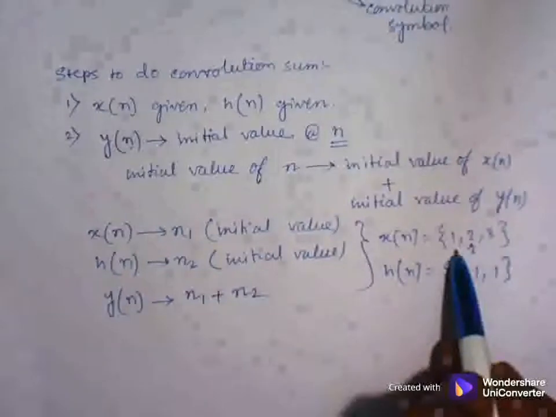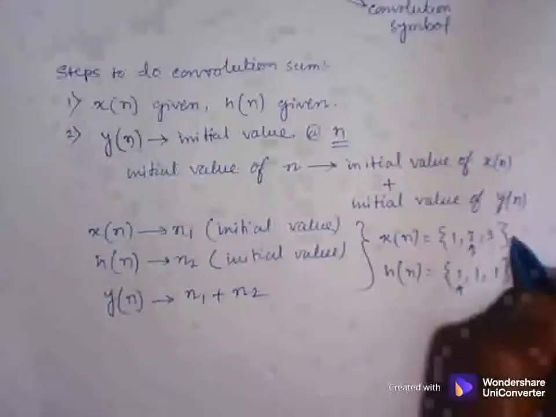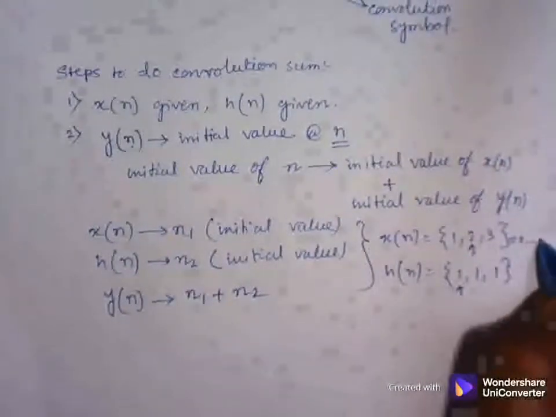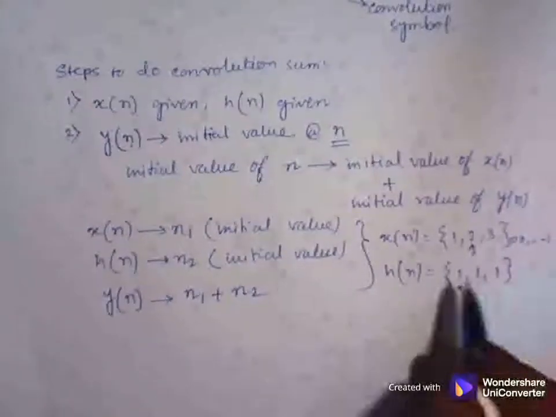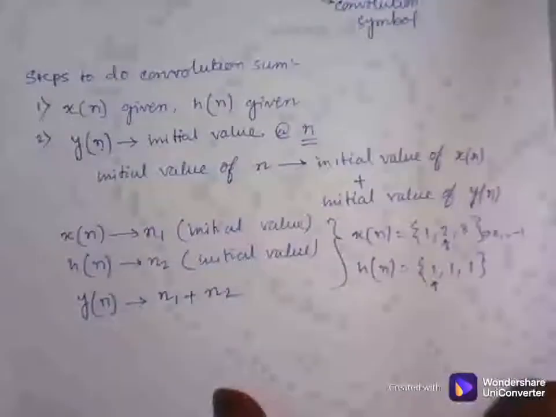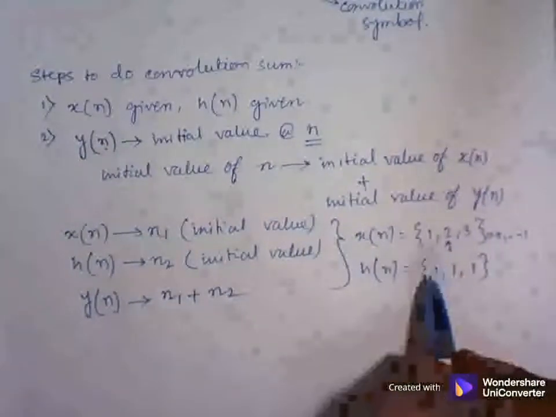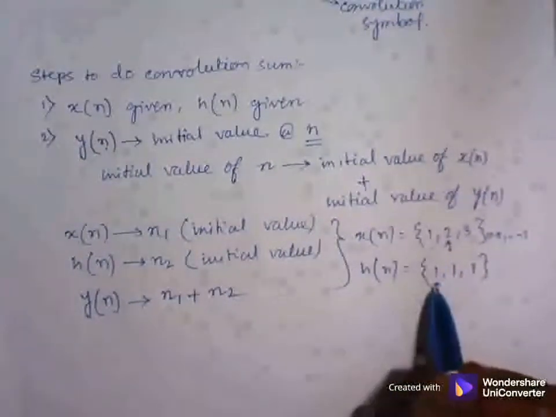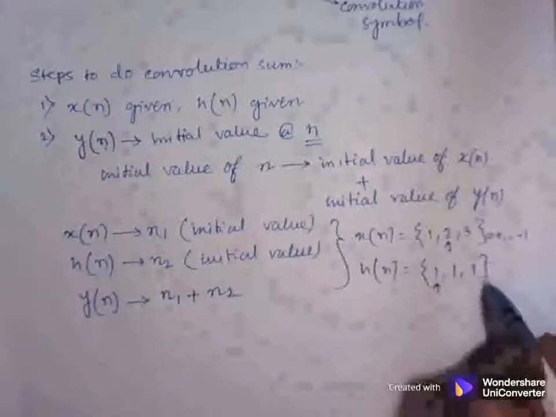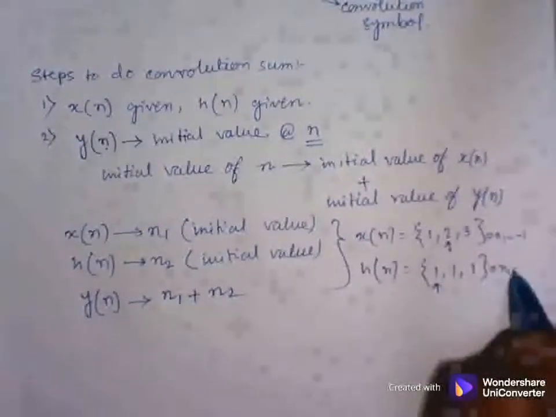Here n1 equal to -1, because the sequence starts from -1, and this sequence starts from n equal to 0, so n2 equal to 0.